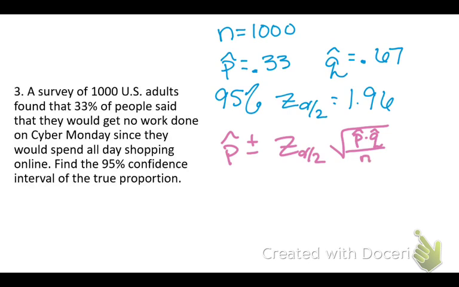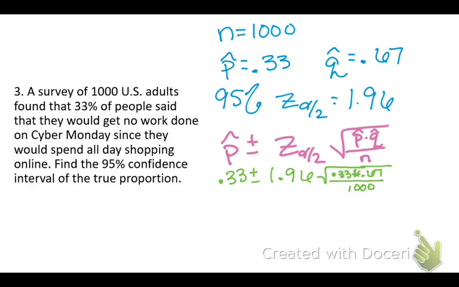And we can plug all of these pieces in. Let's plug it in a different color. Let's try green. We have 0.33 plus or minus 1.96 times the square root of 0.33 times 0.67, all of that over 1,000.